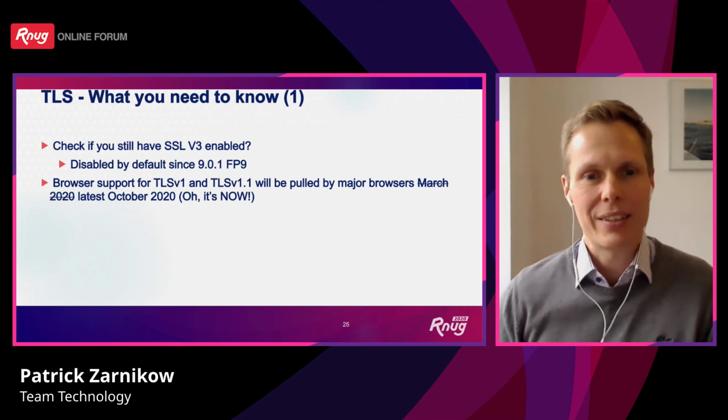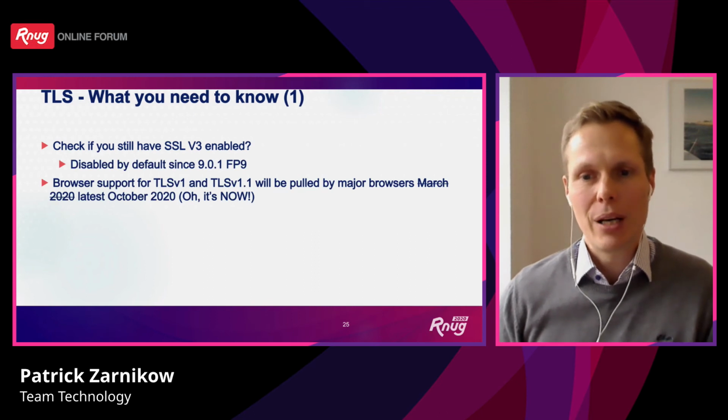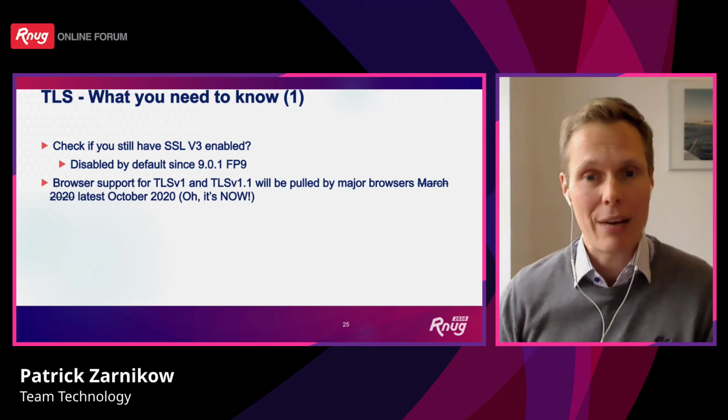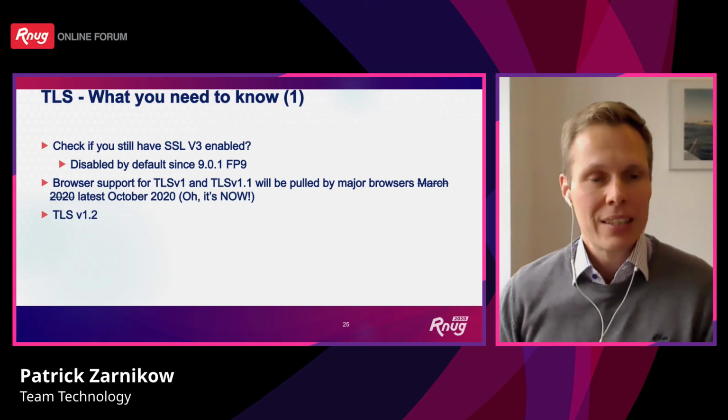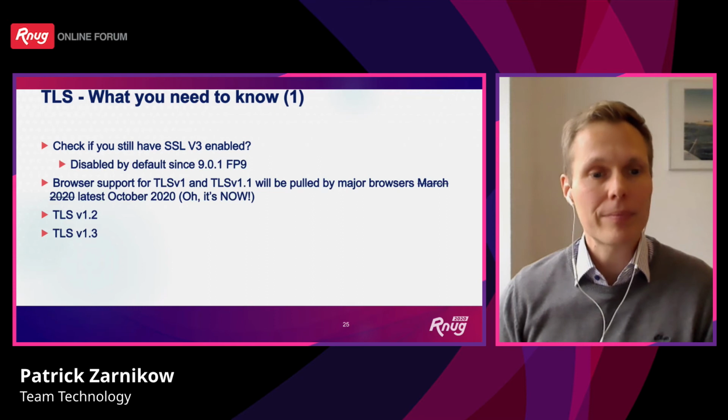TLS version 1 and TLS version 1.1 will be or are already pulled October 20th. And see, it's already now, so we missed the date. If you still have old versions of TLS enabled, you should deactivate them and use at least TLS 1.2.